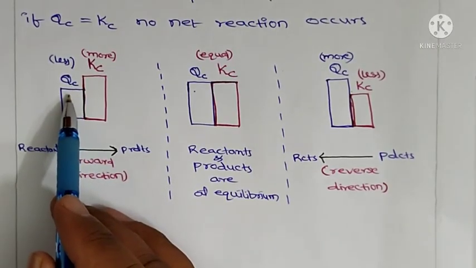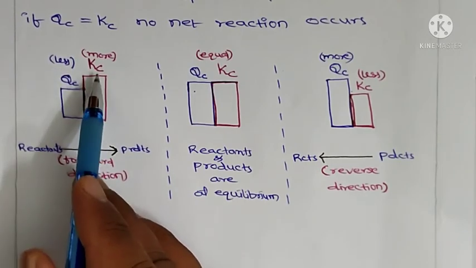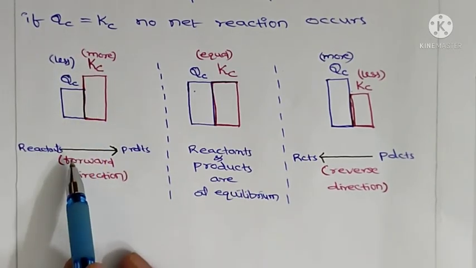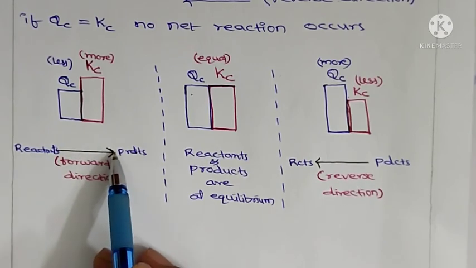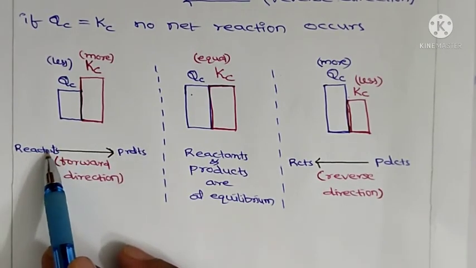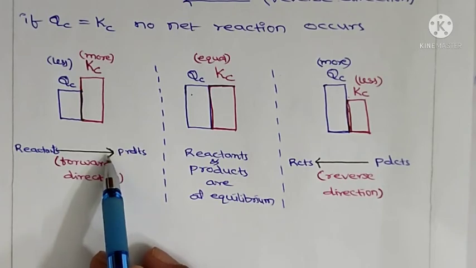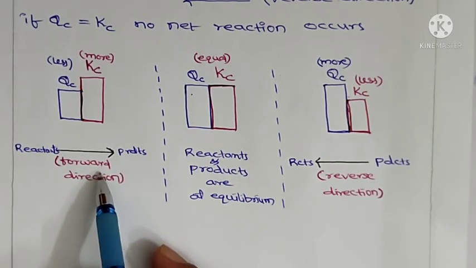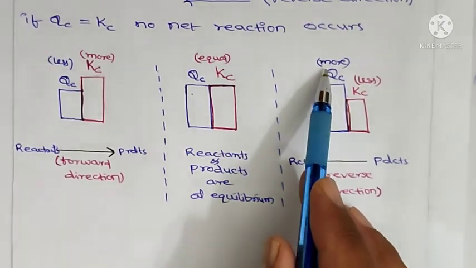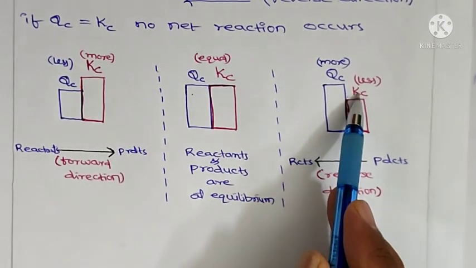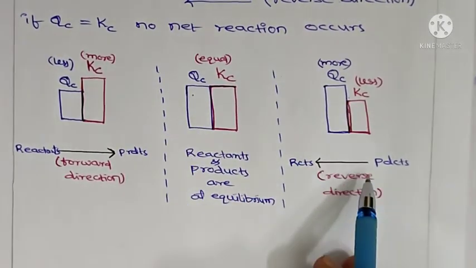So here the Qc value is less and the Kc value is more. Here the reaction goes from left to right, from reactants to products, so it is a forward direction. And here the Qc value is more and the Kc value is less.